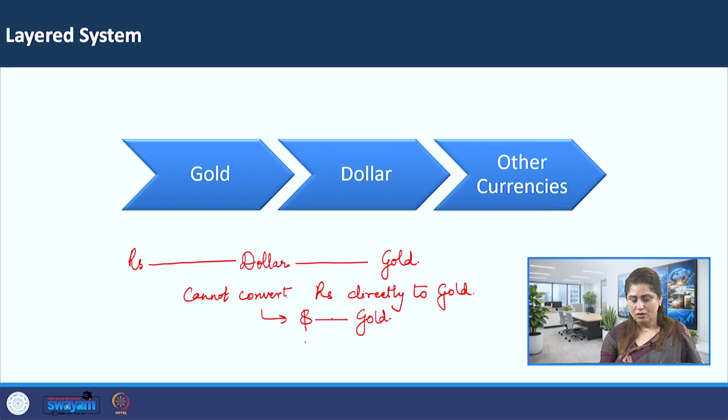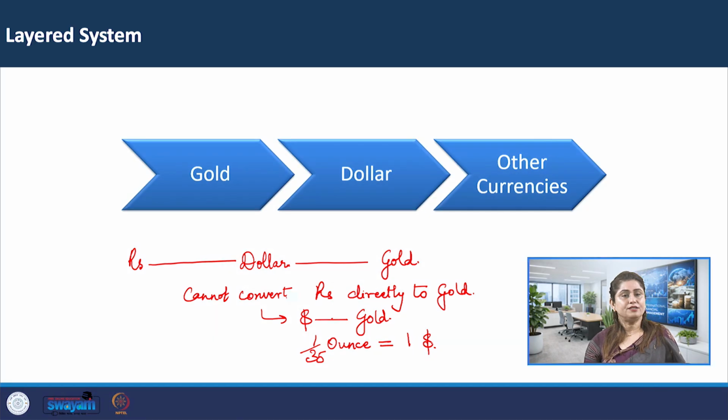Now, the dollar was such that 1/35 of an ounce was equal to $1. This was the value of the dollar. So at the top we had gold, then gold was linked to the US dollar at $35 per ounce, and then all other currencies were linked to the US dollar.